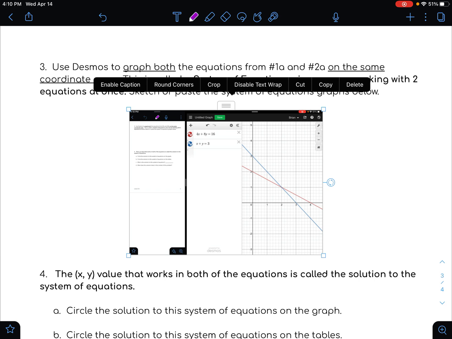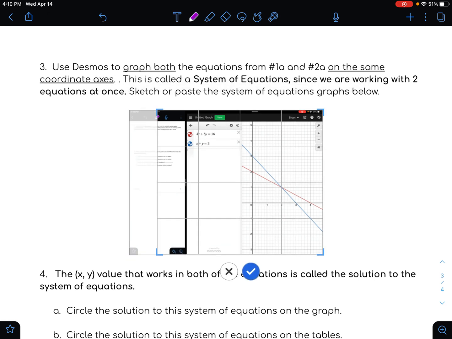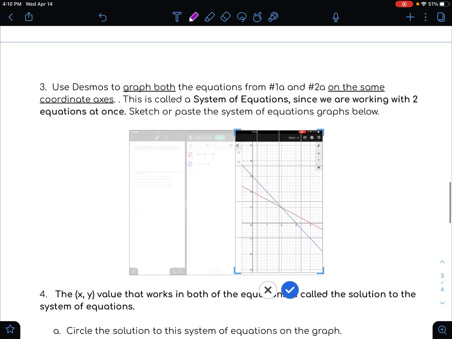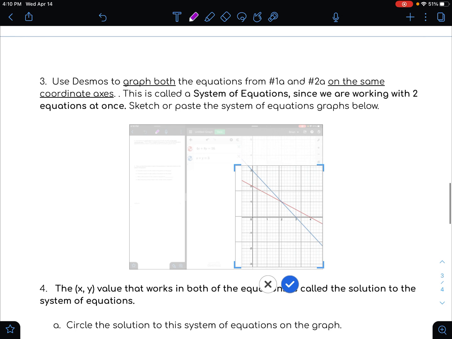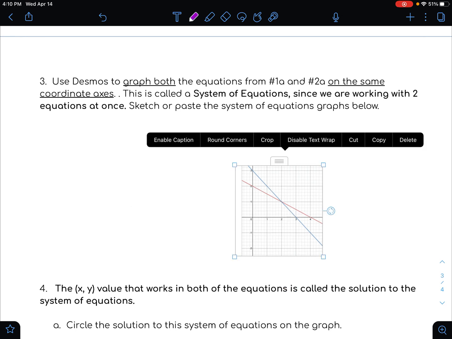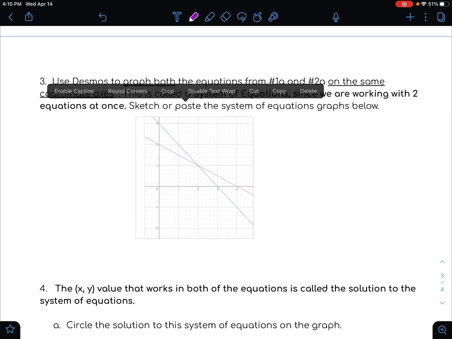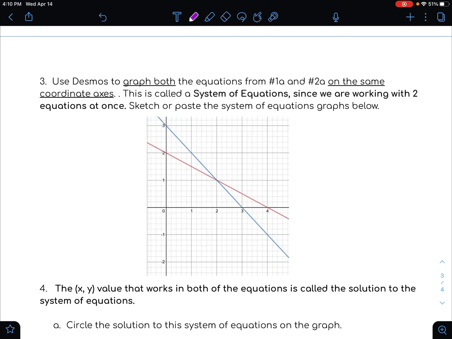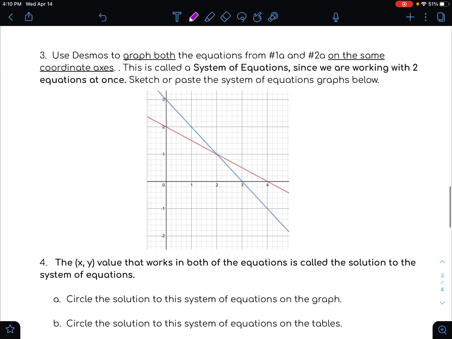Probably should have cropped that a little bit first. I'm going to crop that so I don't have all this extra stuff. You guys are probably better at doing screenshots than I am. All right, get that looking all nice there. Okay, so there's our 2 equations graphed on the same axes. So that's what we mean by that, and we pasted it in there.